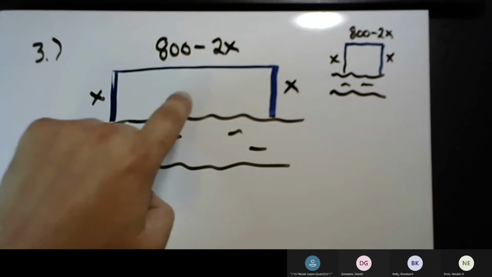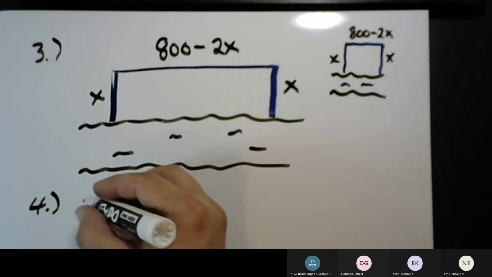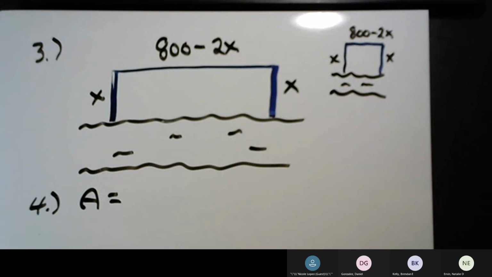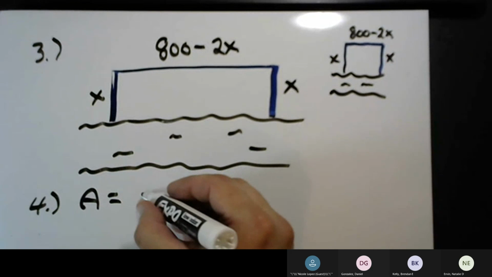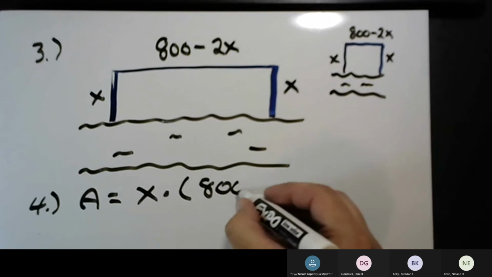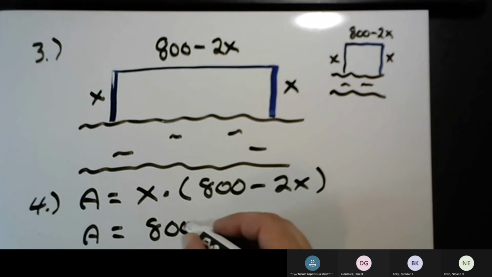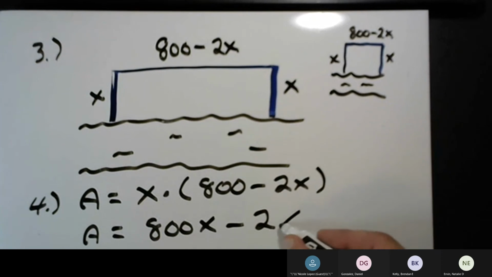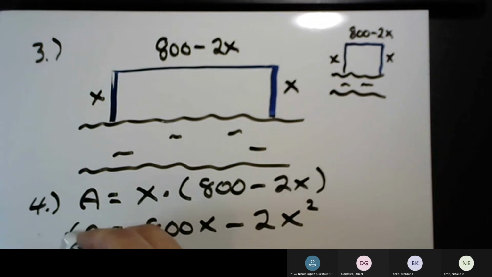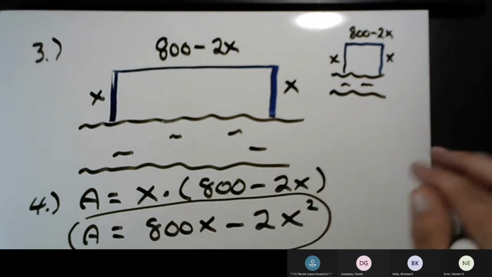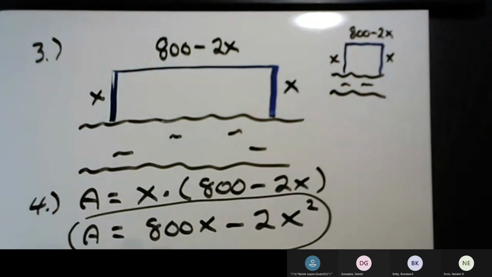So whatever this is going to be, rectangle or square, the area is length times width, or x times 800 minus 2x, or the area is 800x minus 2x squared. So for your equation, whether it's going to be this or this, that's going to be your area.